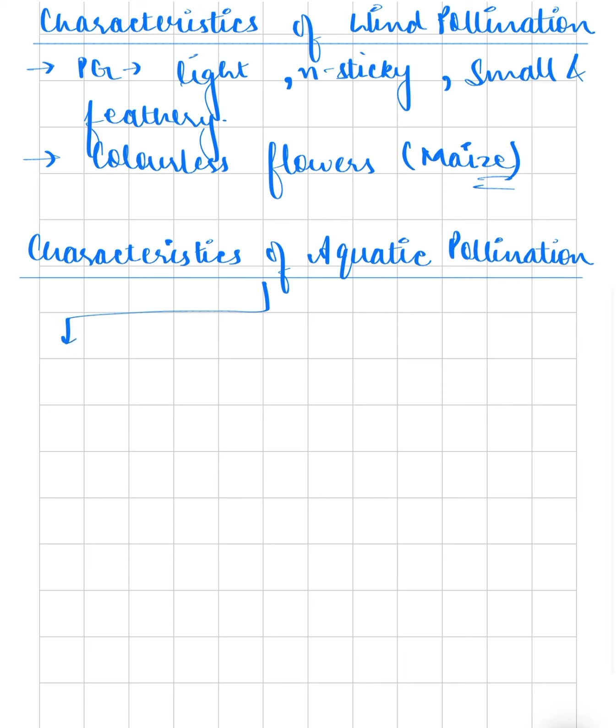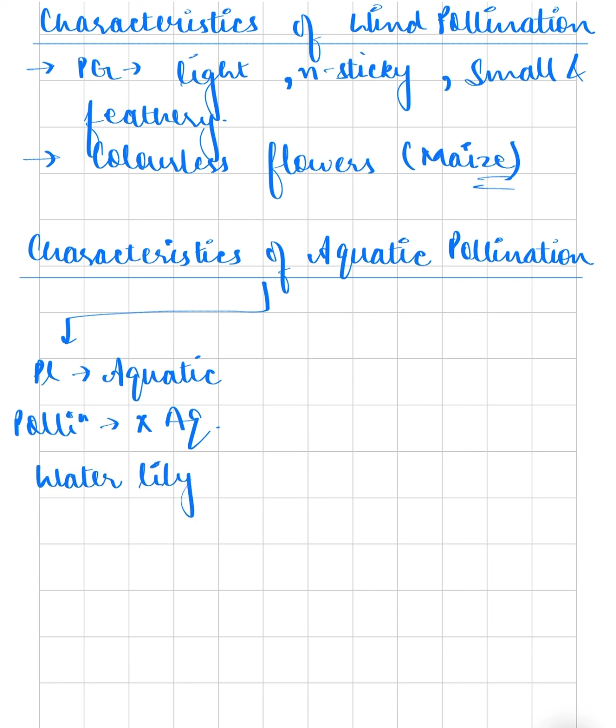For example, here the plant is aquatic, but the pollination it does is not aquatic. Right? Why? Because the flower is above the water surface. For example, in case of water lily and water hyacinth.